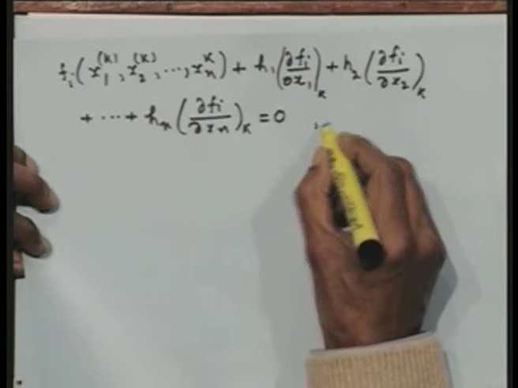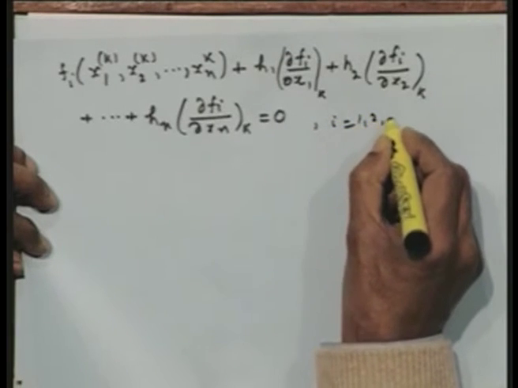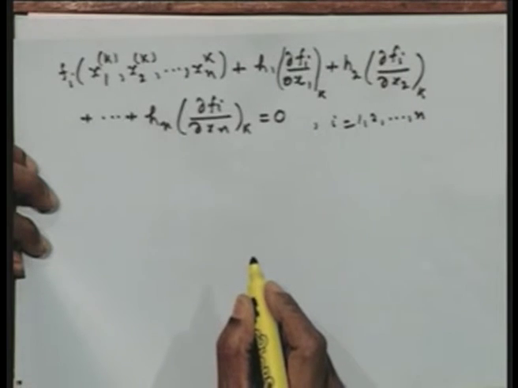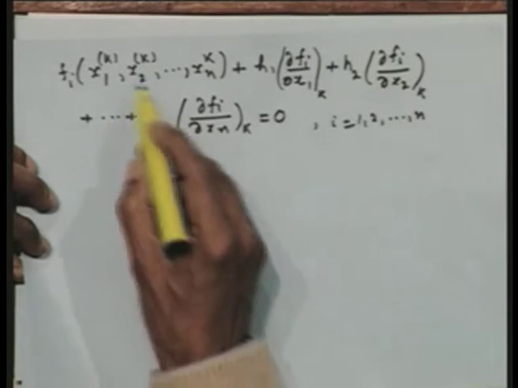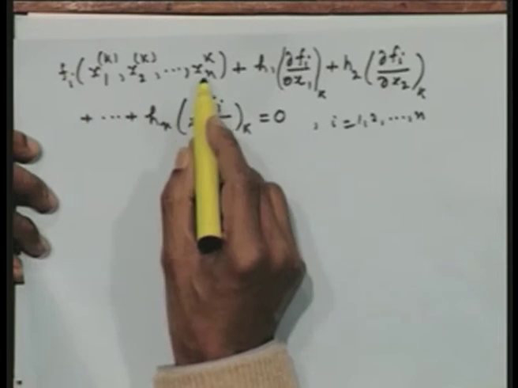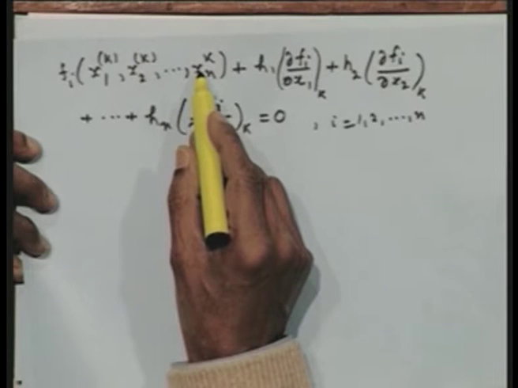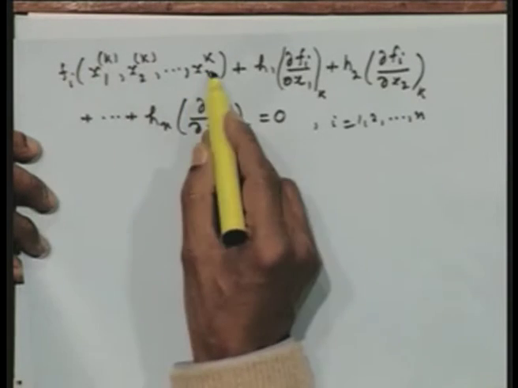Now I have a collection of these equations, 1, 2, 3 up to n. The quantities x1^k, x2^k, xn^k are from the previous iteration, so the computed values are all known to us.